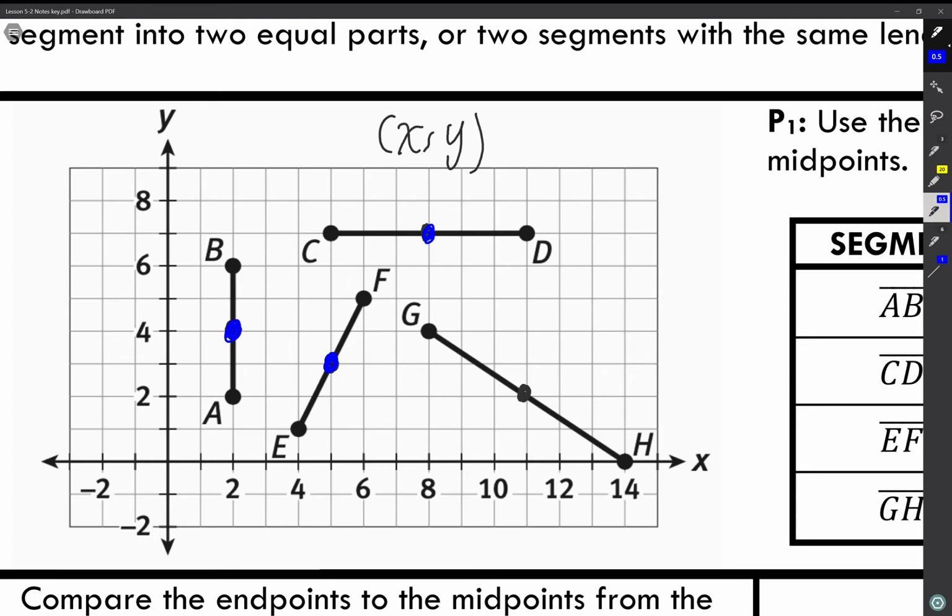And that's going to be our midpoint. You can see it's in the middle because it's easy to eyeball, right? I usually draw it out like that to make sure those two shapes are the same, to make sure it's exactly in the middle. And then for GH, the midpoint is right here. So it is 11, 2.